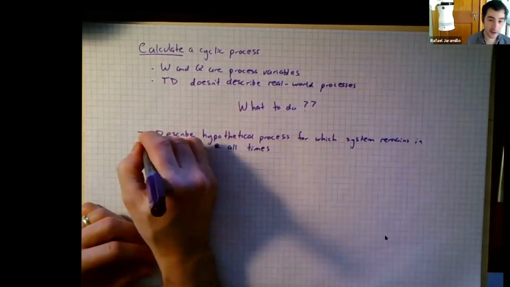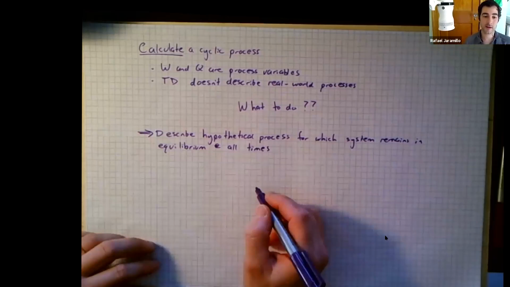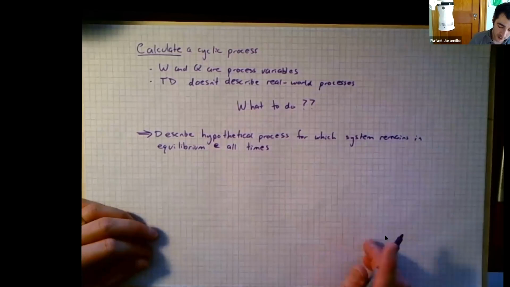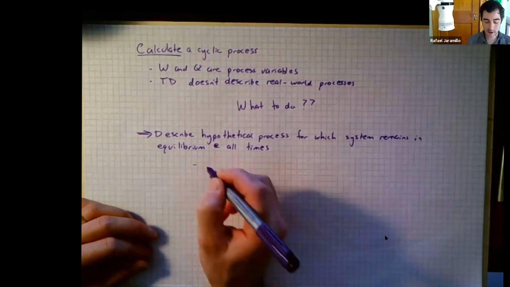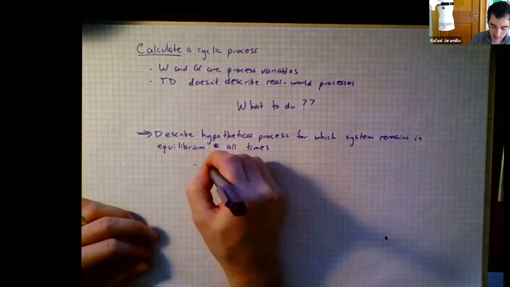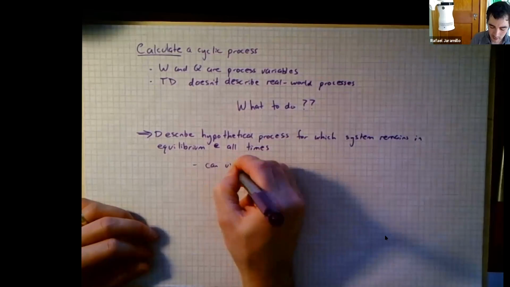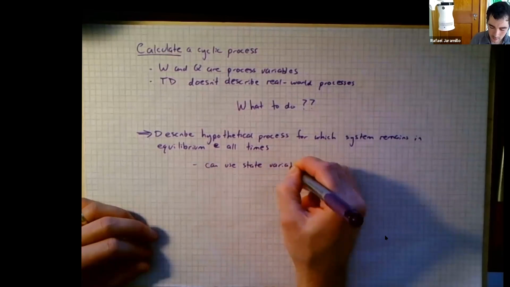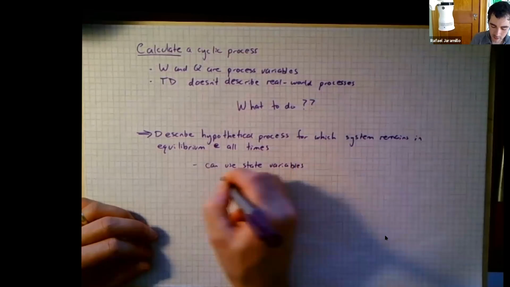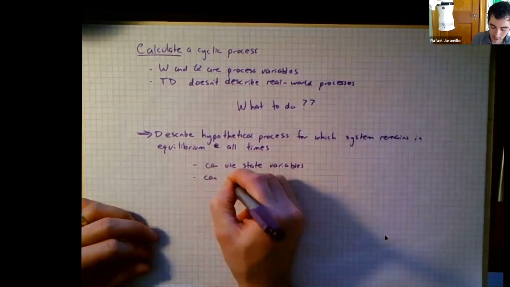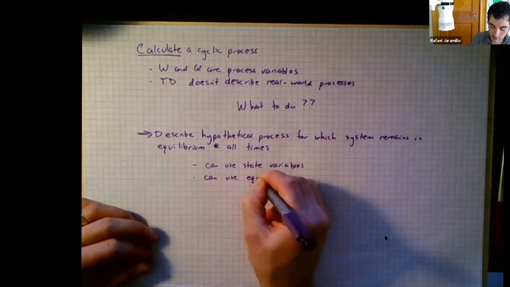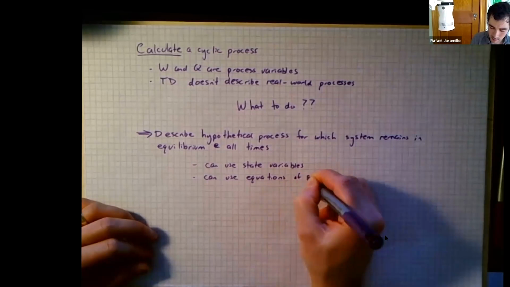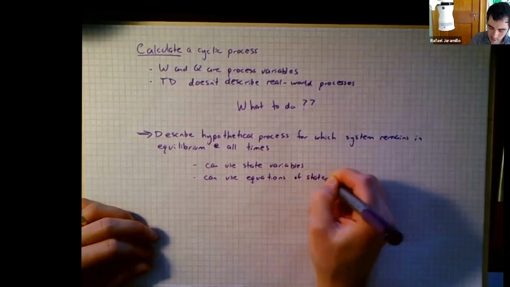And this is weird, and it is just weird. It's a weird thing to do. But if we do this weird thing, we can use state variables, we can use equations of state if they're available, if we know them.